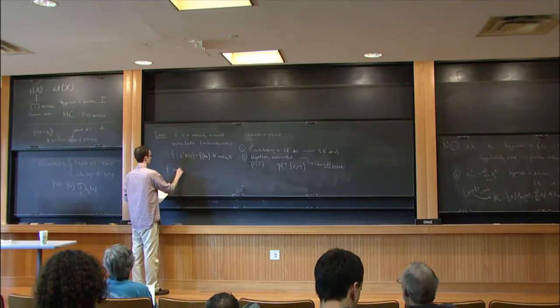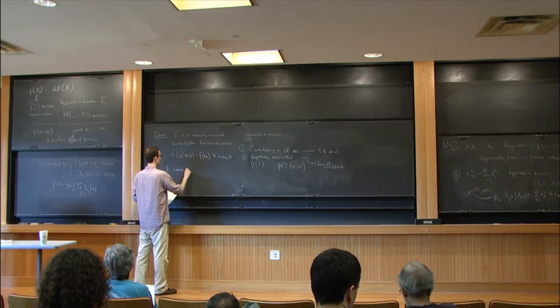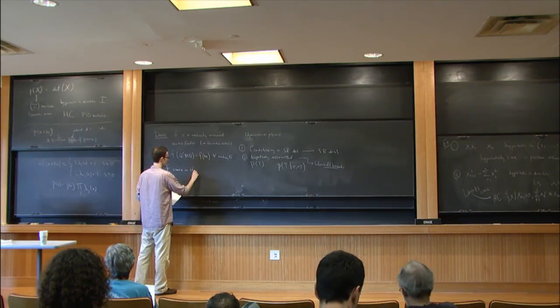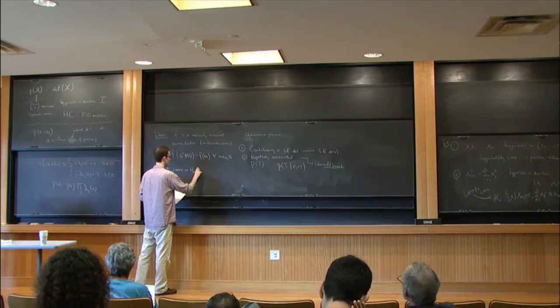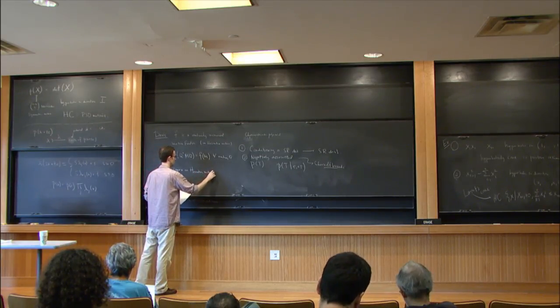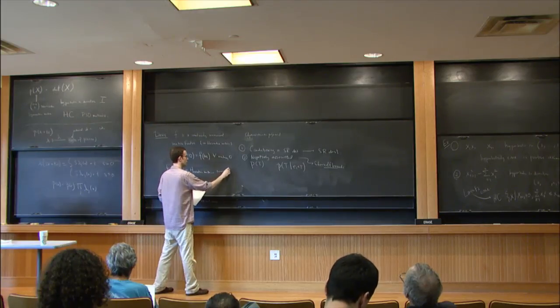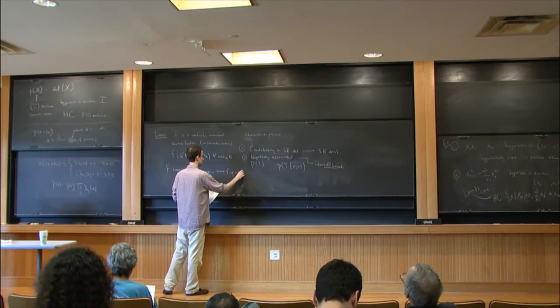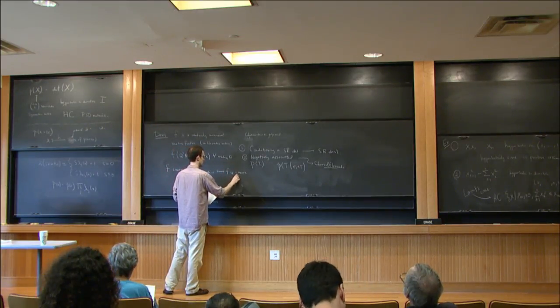F is convex on all the Hermitian matrices if and only if F is convex on diagonal matrices.